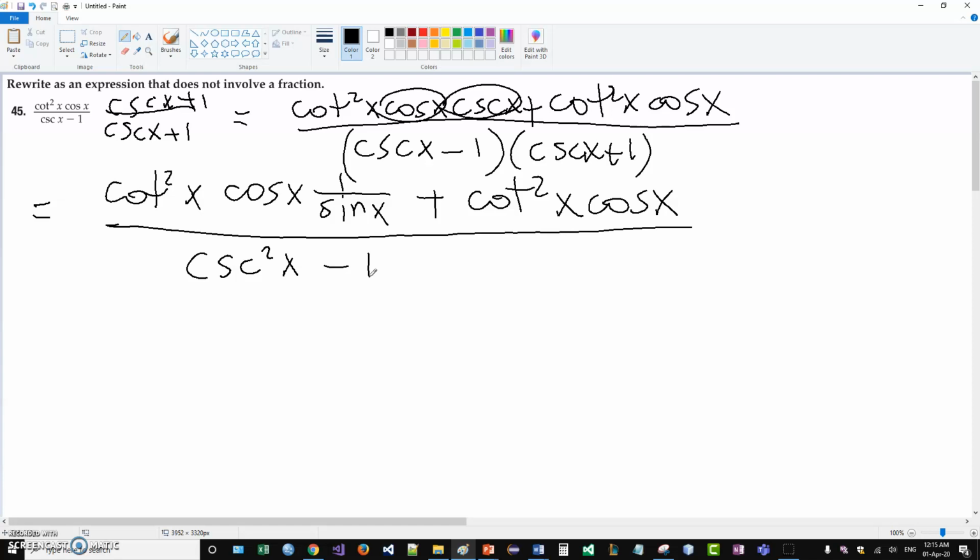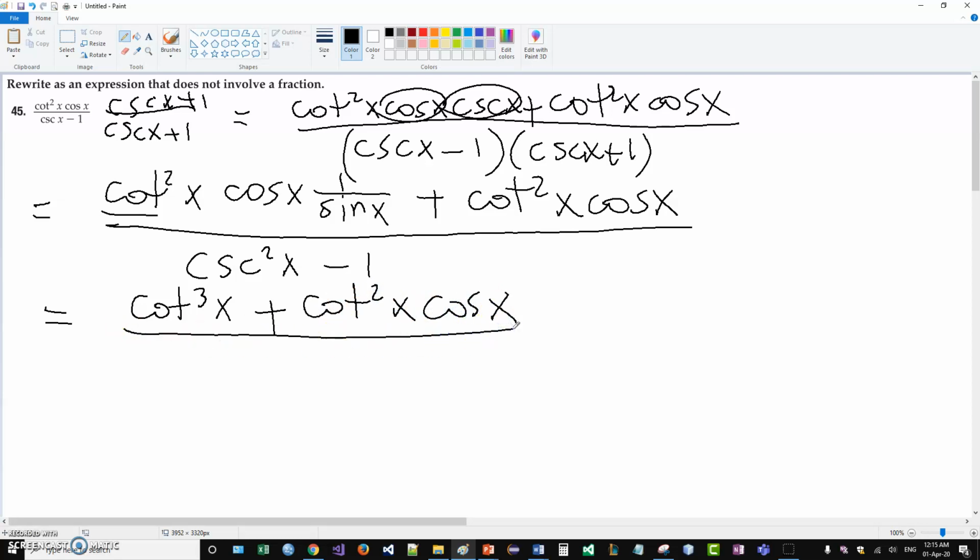Now, cosine x times 1 over sine x is cotangent x times cotangent square x, that's cotangent cube x plus cotangent square x cosine x.